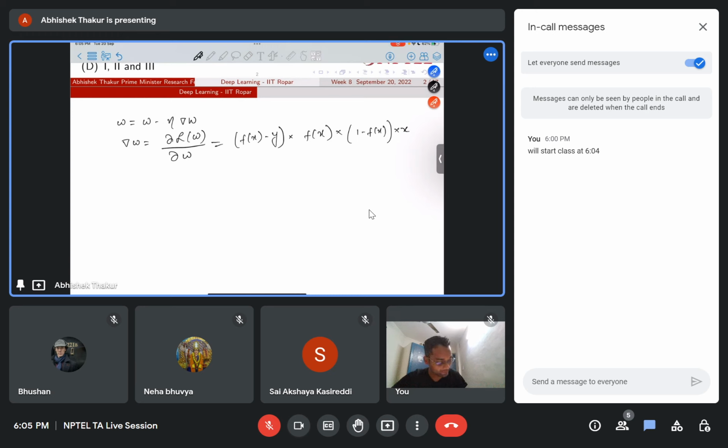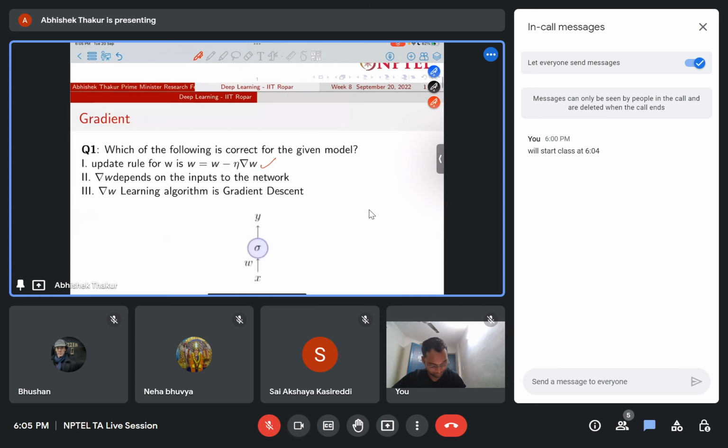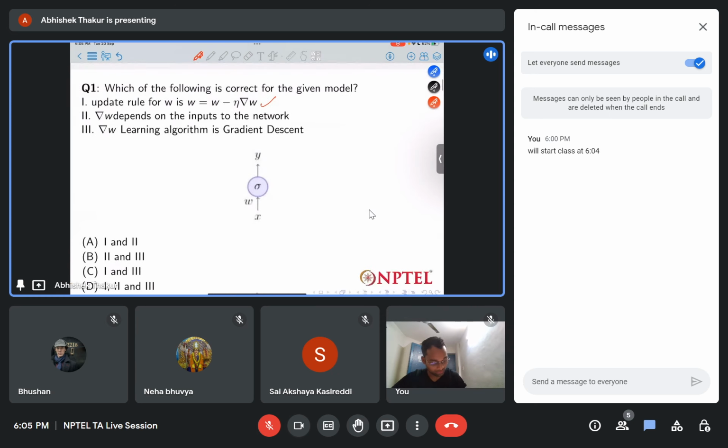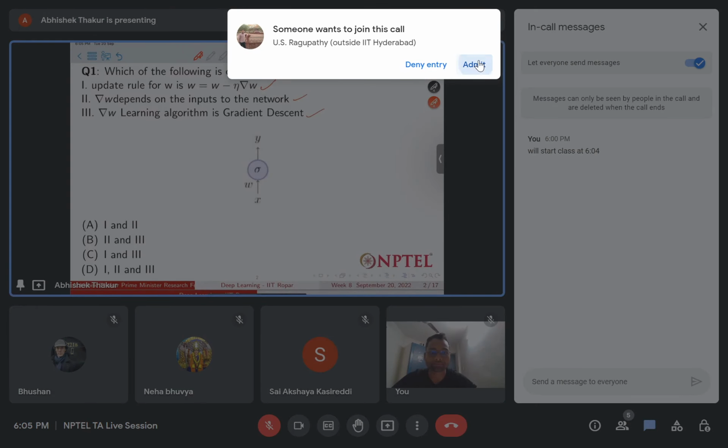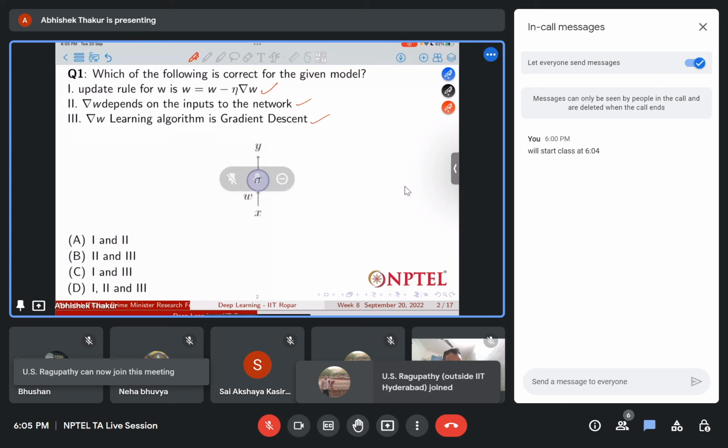So this gradient of W depends on the input x. So option 2 is also correct. And how do we learn W? Using the gradient descent algorithm. So all three options are correct in the first question, so option D is correct.